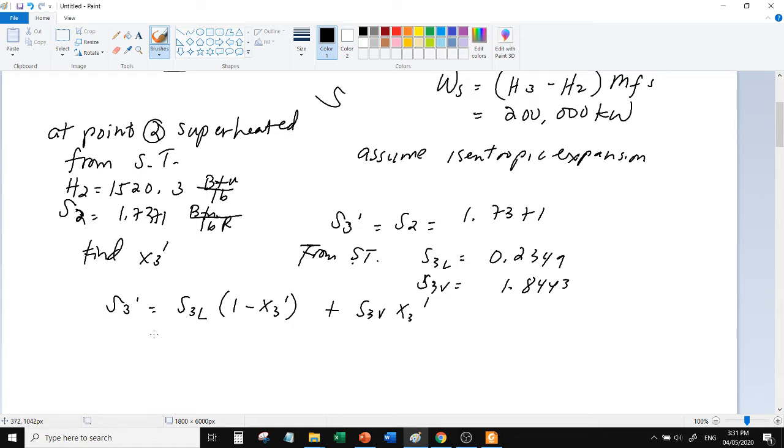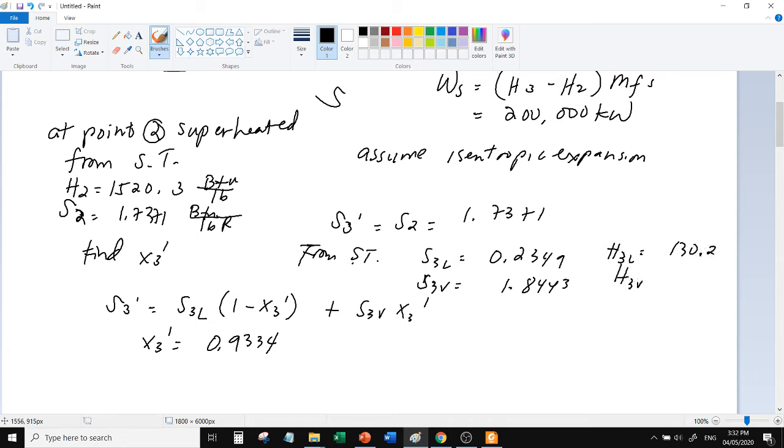Substitute the values of S3', S3L, and S3V to get X3'. I'm not showing it, but just substitute and use a solver. X3' is 0.9334. So how do you use that? Use it to solve for H3'. From the steam table, we put here the H3L, which is 130.